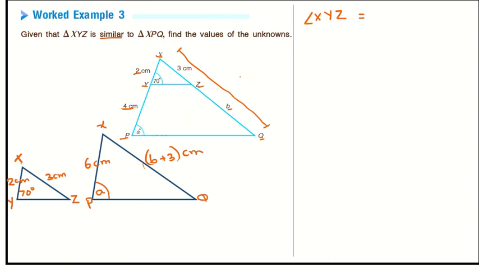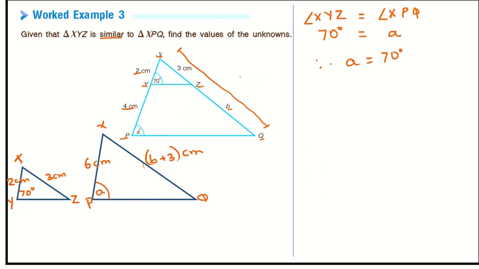So it is equal to angle XPQ. XYZ is equal to angle XPQ. So this means that since XYZ is 70 degrees, then XPQ is A. It therefore means that A equals 70 degrees. Okay?